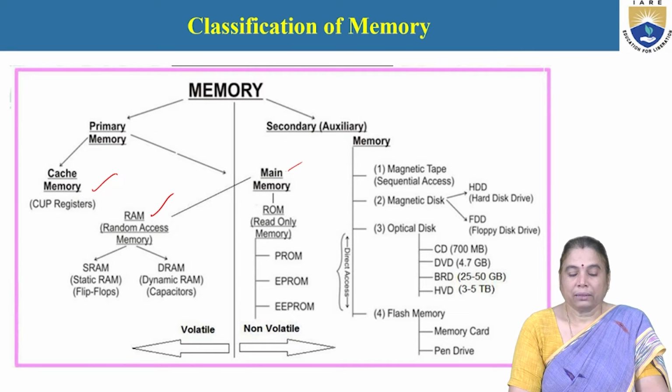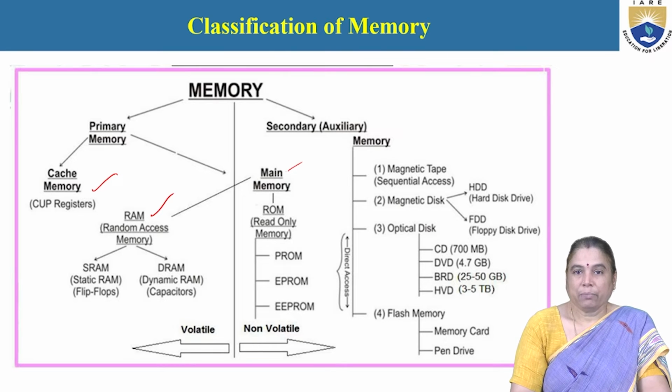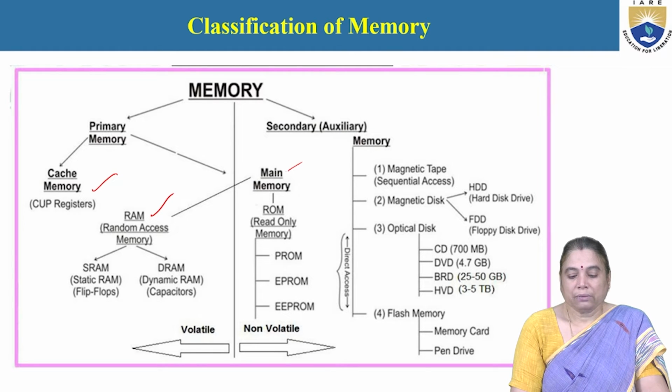In the RAM and the cache, the user can perform both the read operation as well as the write operation. In the main memory, the other part is non-volatile, that is the ROM. In the ROM the user can only perform the read operation, and the write operation can be performed with special signals such as ultraviolet rays or electrical signals.